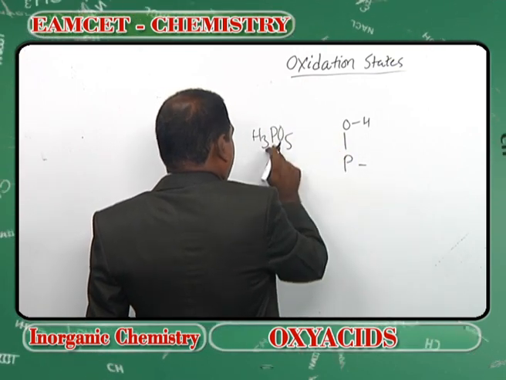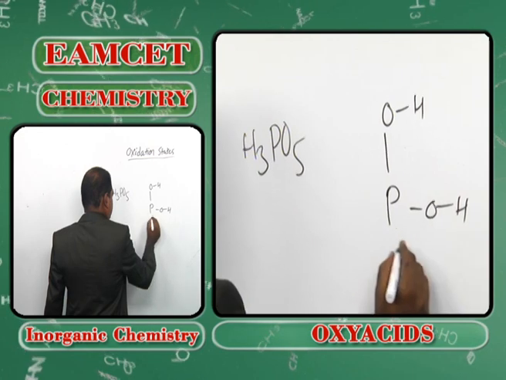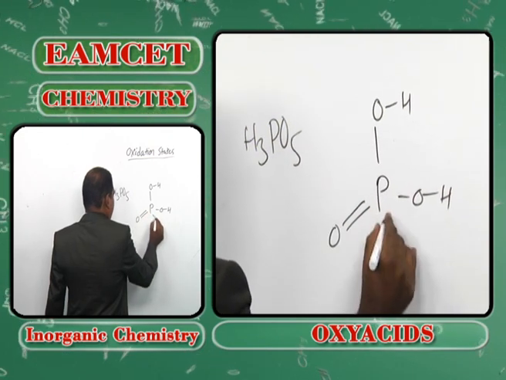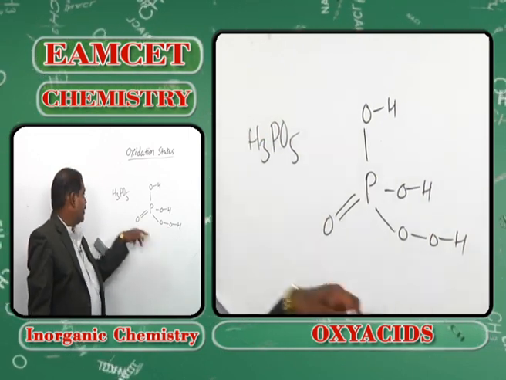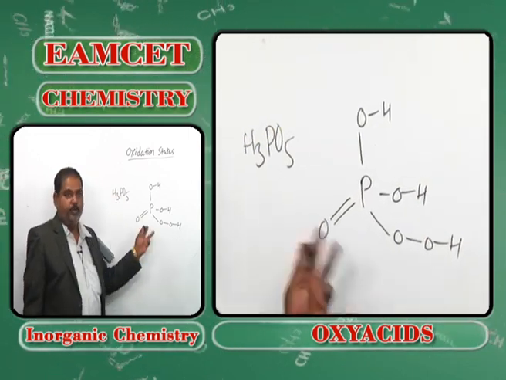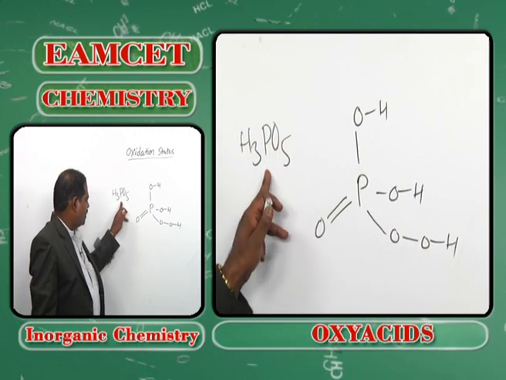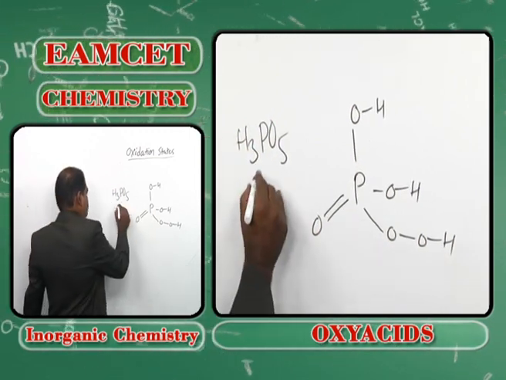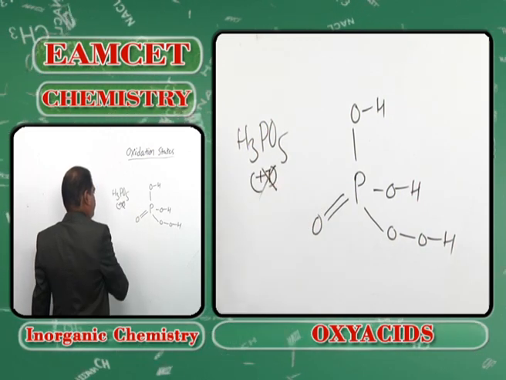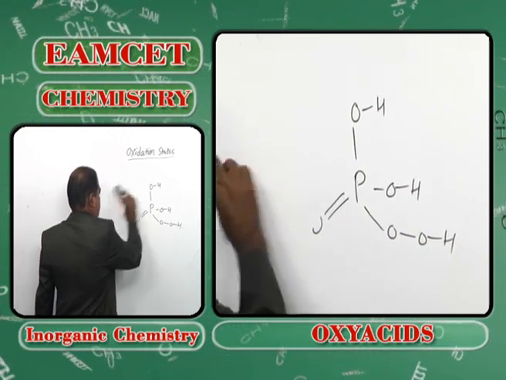You have 1 phosphorus, 3 OH groups, a double bond O, and an OOH. Why did I write OOH? Because I know it is a peroxy compound. Peroxy means OO. How do you know this is peroxy? Phosphorus is getting an impossible plus 7. Right. Next.